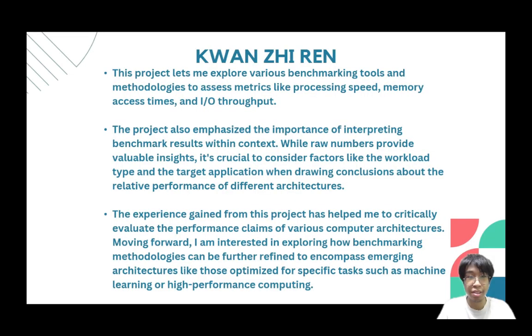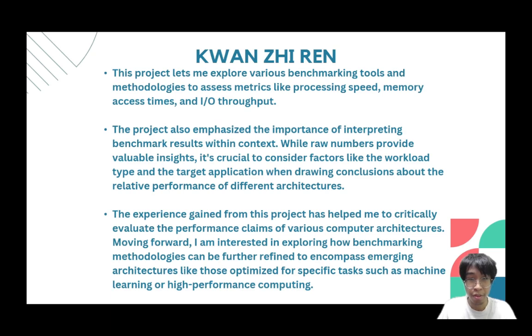My reflection is that this project lets me explore various benchmarking tools such as CPU-Z, Minitools, Partition Wizard, and then Geekbench 6 to measure metrics like processing speed, memory access times, and I/O throughput.